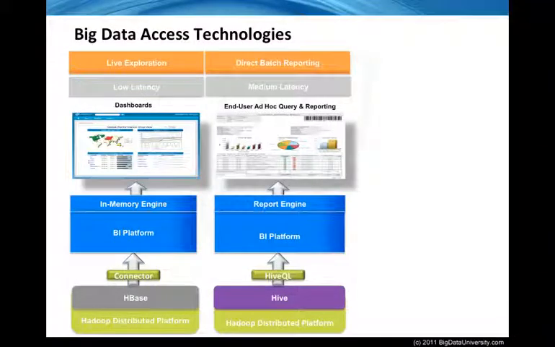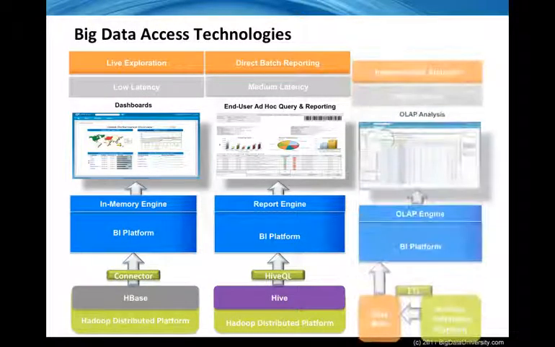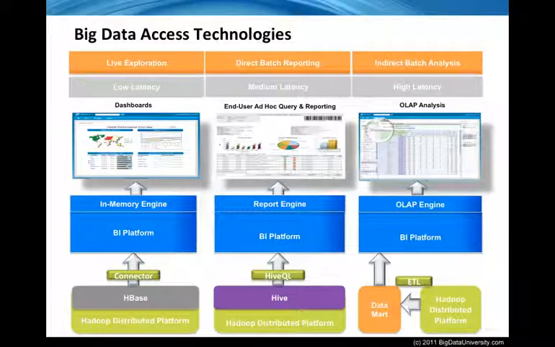The second approach, direct batch reporting, was where the users viewed summarized, pre-built periodic reports on their big data content. A typical implementation stack here includes Hive connectors via which a report design tool like Jaspersoft iReport, for example, can draw upon data to design, generate, and schedule reports. Finally, indirect batch analysis.